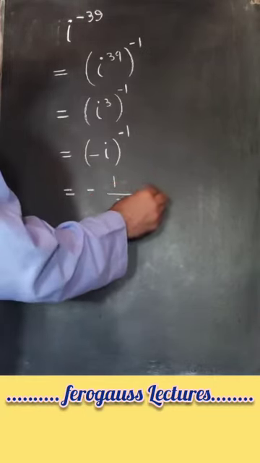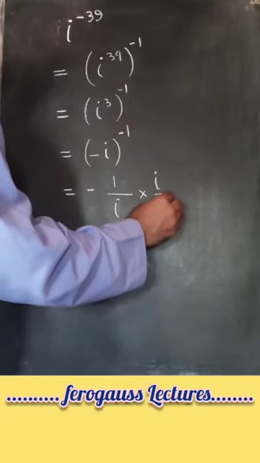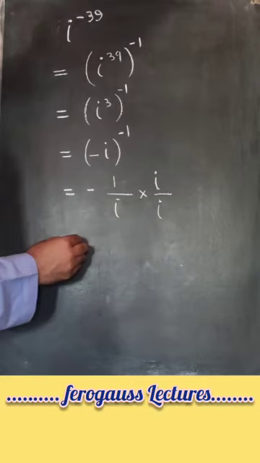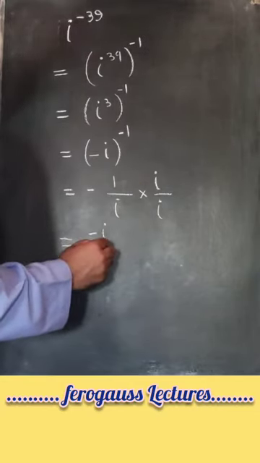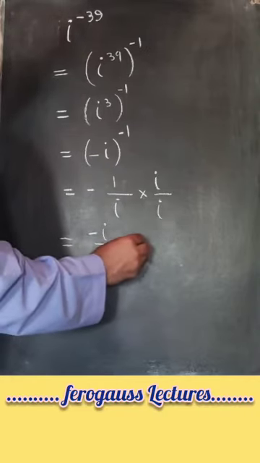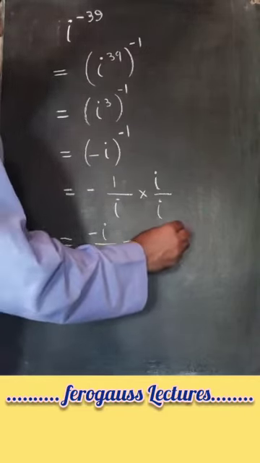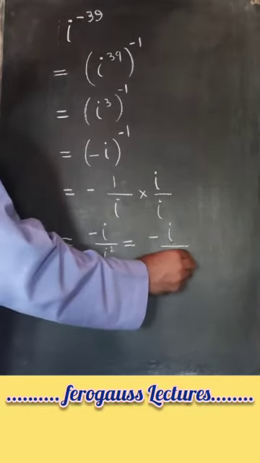Or multiplying numerator and denominator by iota, we get minus iota divided by iota square, which is further equal to minus iota divided by iota square is equal to minus 1.